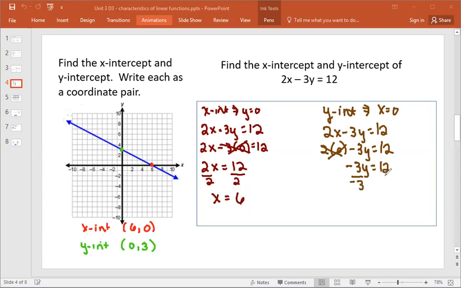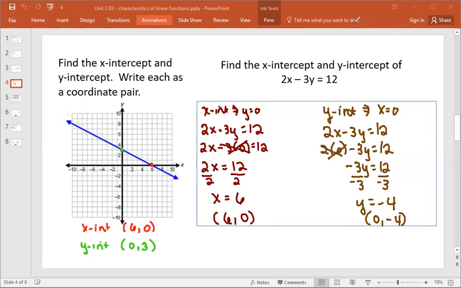When I divide by -3, y is equal to -4. If I write those as ordered pairs, my y-intercept would be (0, -4), and my x-intercept would be (6, 0).